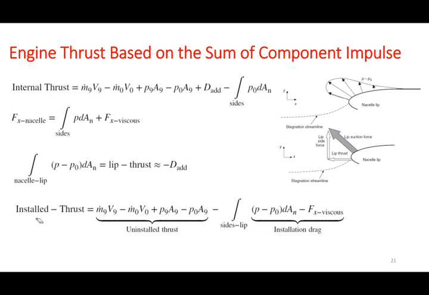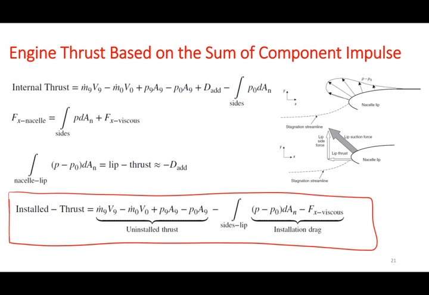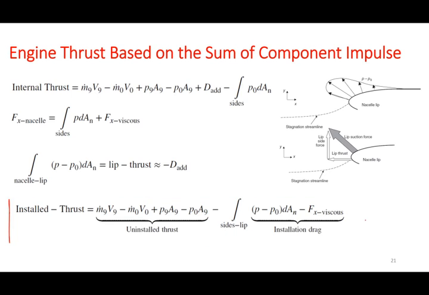So we have this final equation for the installed thrust from another perspective. So far, we have seen three different perspectives, and all of them went to the same conclusion, but a little bit of a difference in how they look at the installation drag part. But eventually, they will give you the same results.